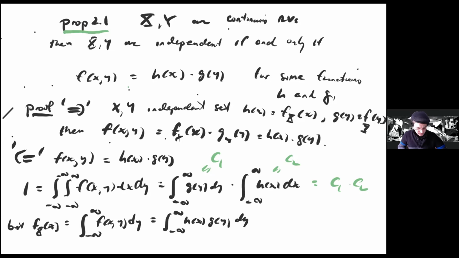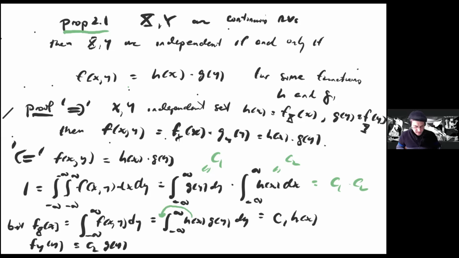You can bring the h of x outside the integral because it's a function of x, not of y. This becomes h of x times the integral of g of y dy, which is C1 times h of x. Similarly, f sub y of y is C2 times g of y.